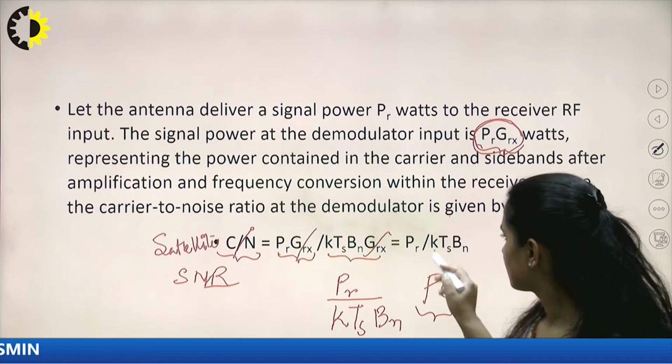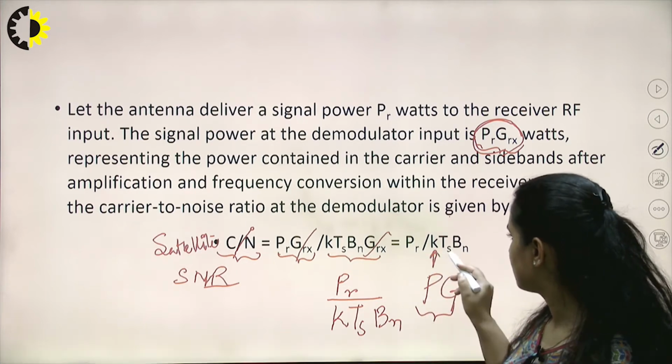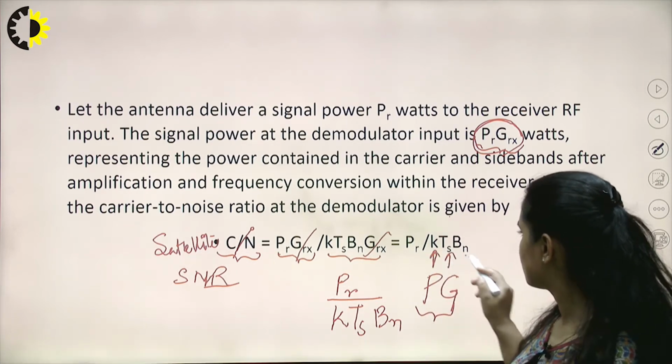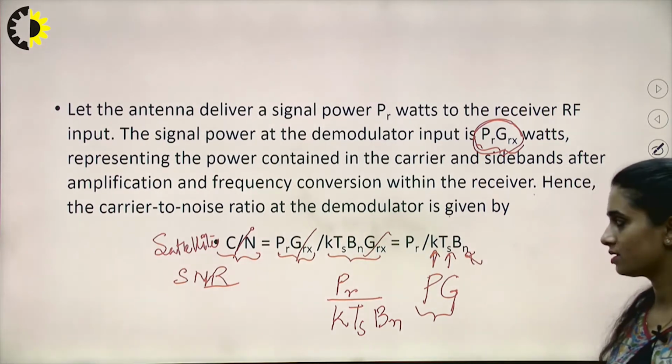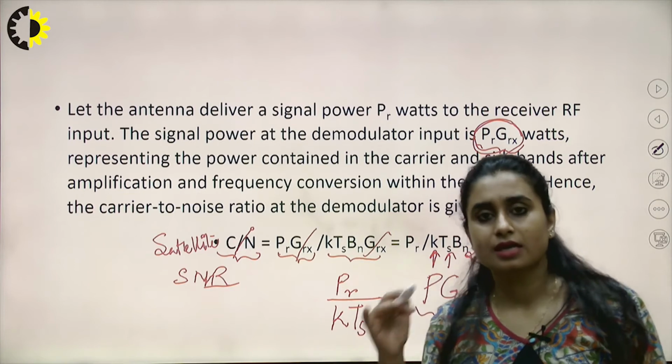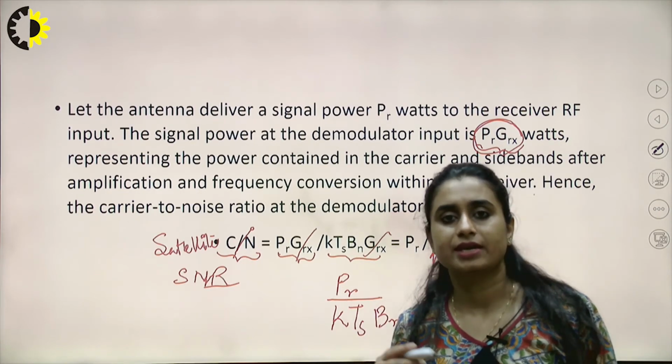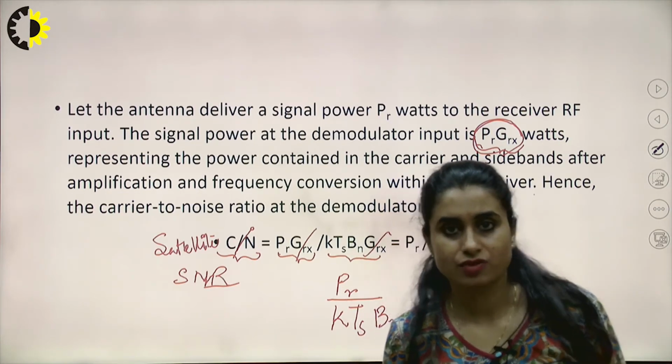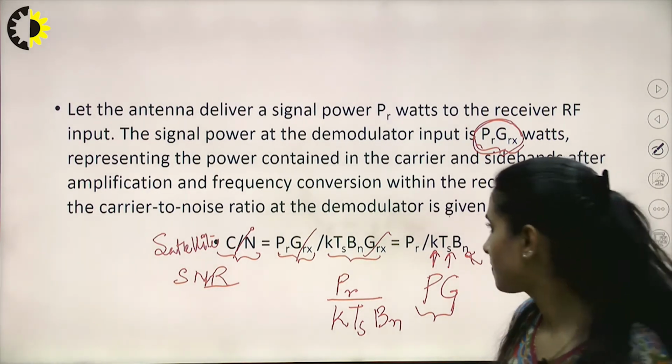This is the Boltzmann constant here, the system temperature, and the noise bandwidth in hertz, right? So carrier to noise ratio is something very important in satellite communication, which we are talking about here.